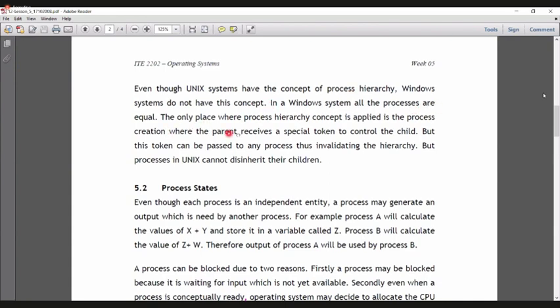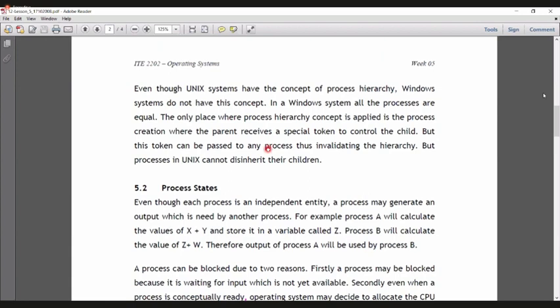The only place where the process hierarchy concept is applied is process creation, right? Where the parent receives a special token to control the child. So in Windows, when you create a process, the parent receives a special token, so the parent can identify the child and control it accordingly. But this token can be passed to any process.